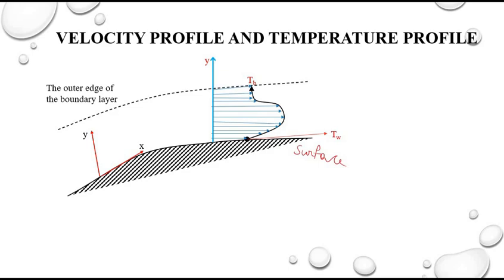Okay. Now, when you compare your velocity profile to the temperature profile, it has quite a different curve, right? Now, what exactly is happening in this boundary layer, that there is a rise in temperature, or a variation in temperature for that matter?